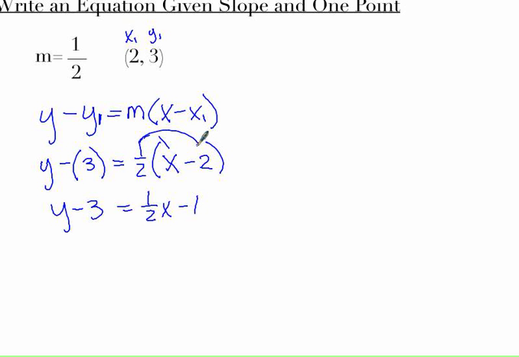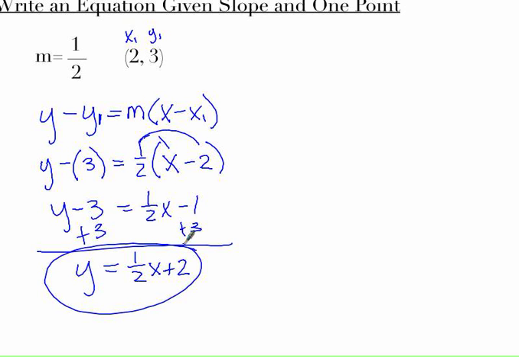And then from here, I can just add 3 to both sides, and then I've already got an equation that is in slope-intercept form. So that's what's nice about using this point-slope form, is that once you simplify it and solve it, you end up with a function that's already in slope-intercept form, which makes it nice, again, to graph.